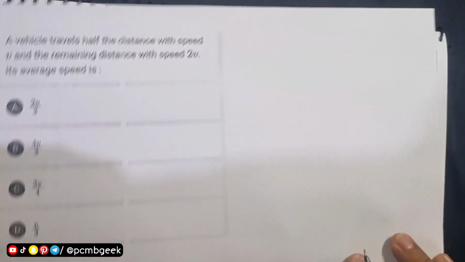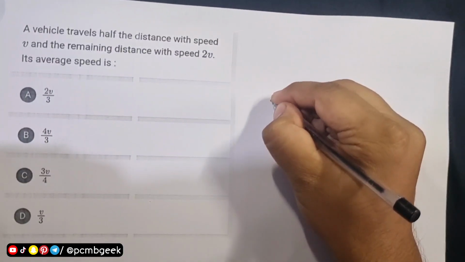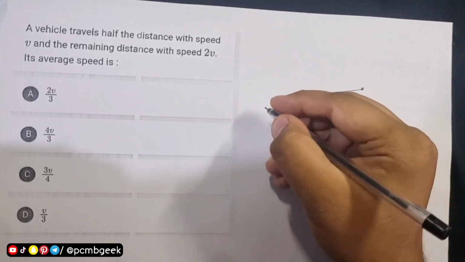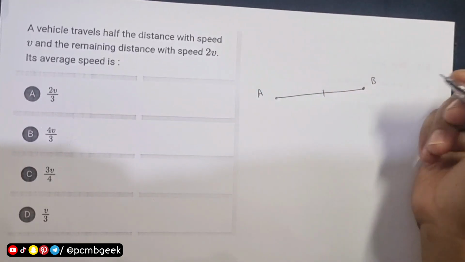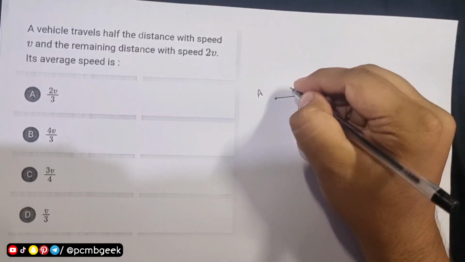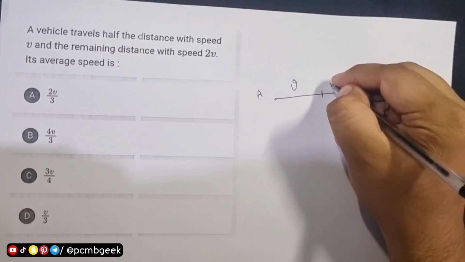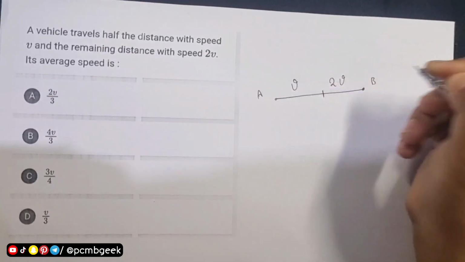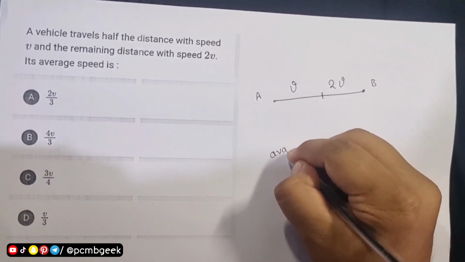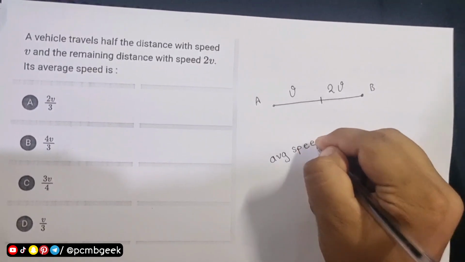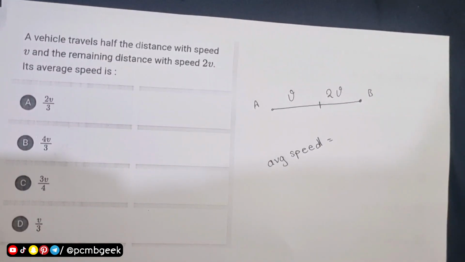Now, as per the question, a vehicle travels half of the distance. That means if a vehicle has gone from A to B, it traveled half of the distance with speed v and the other half with speed 2v, then the average speed is. Now, for the average speed, we know it's the harmonic mean if the distance is the same.